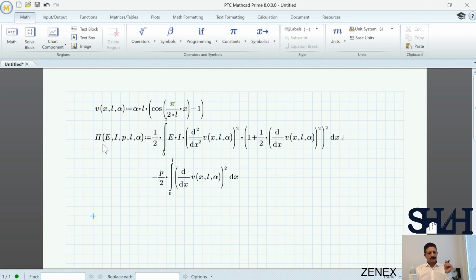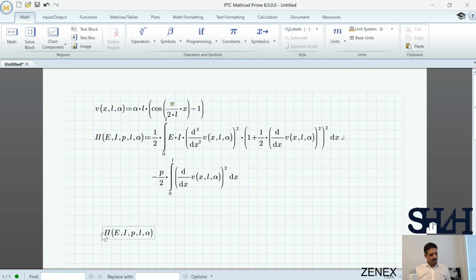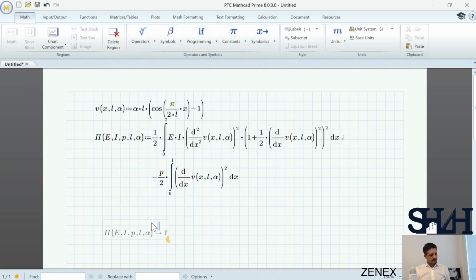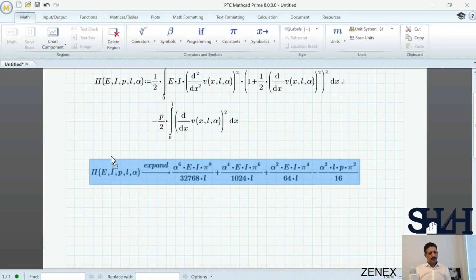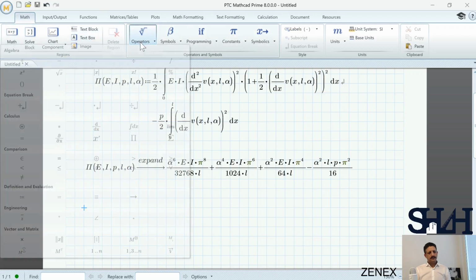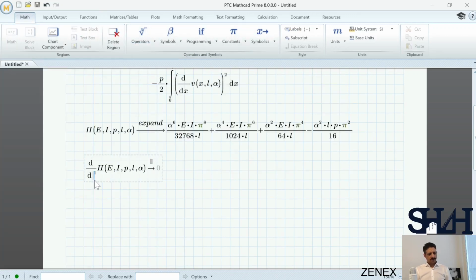Now the same concept here. First, I calculate this pi and the first derivative with respect to alpha.